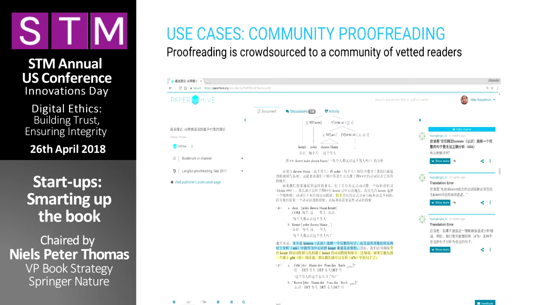What they're doing is they're putting the manuscript on PaperHive immediately after it has been submitted to them, and they had a pre-check. And then they invite a group of people to do the peer review on PaperHive. So it's a very quick way to do a peer review.